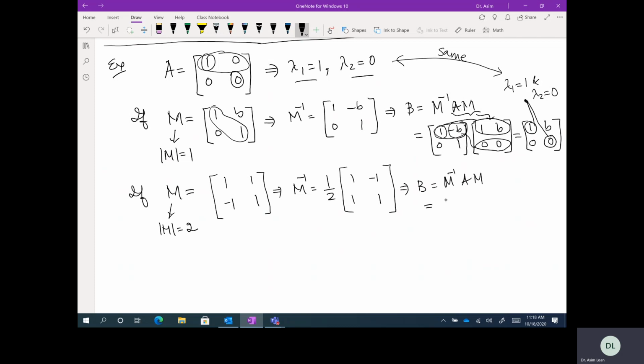This is equal to, M inverse is, again, I put a half here, and 1 -1; 1 1 here. And what is AM? Again, if I have 1 0, this means I'm picking the first row, so this is 1 1, so this is AM, and because of the 0 0, there is no contribution, so this is 0 0.